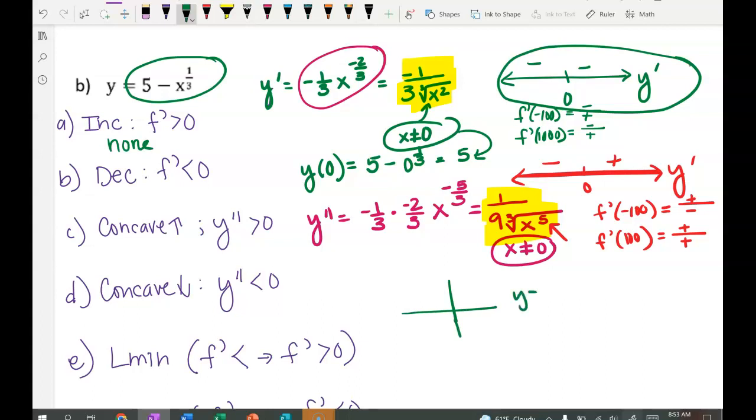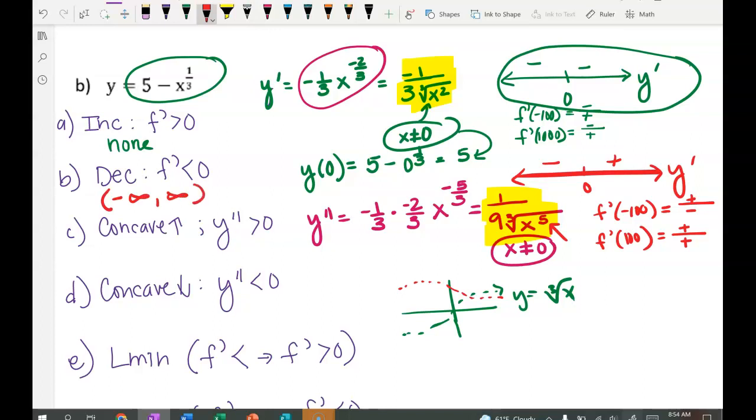The parent function, if you remember, looks like this, always positive, but because it's a reflection and it's shifted up 5, it's going to be like this. So it's always decreasing, from negative infinity all the way to infinity.